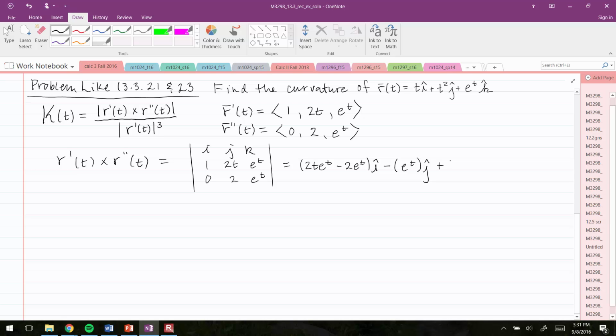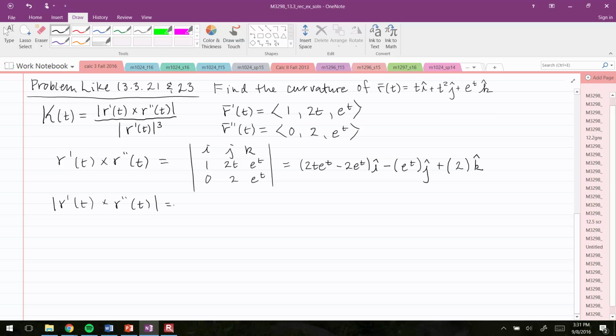Plus, and then for my k, I'm going to have 2 minus 0 times k. So there we go. Now we need to find the magnitude of that. I'm going to keep going as side work, and then we'll eventually plug that into the curvature formula.